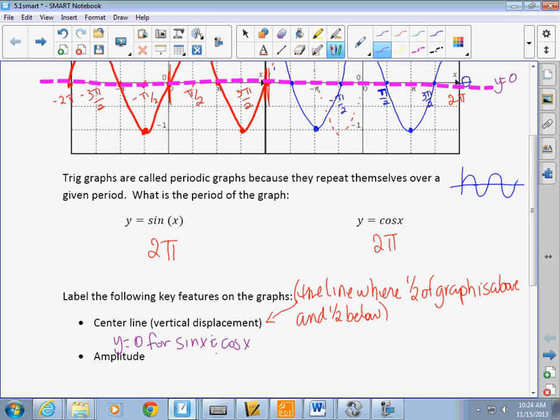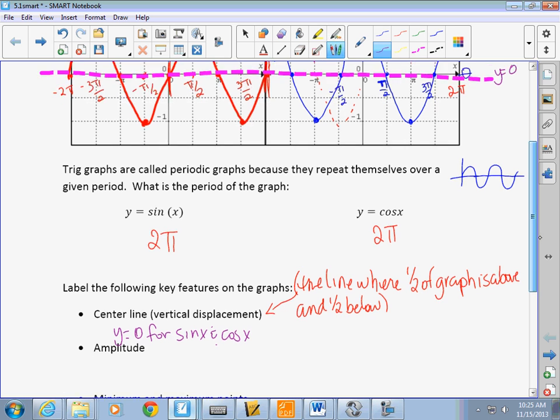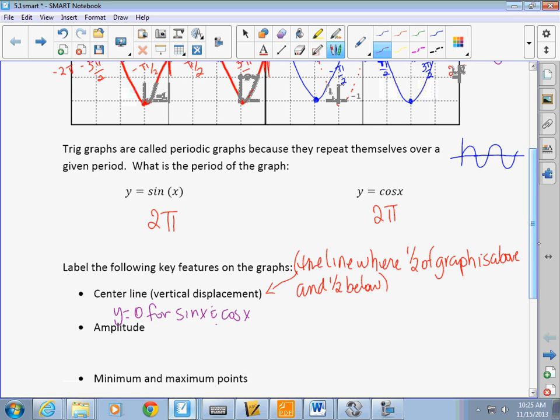So amplitude, you talk about amplitude in physics when you're dealing with waves, right? Amplitude is just how far from the center line you're going.